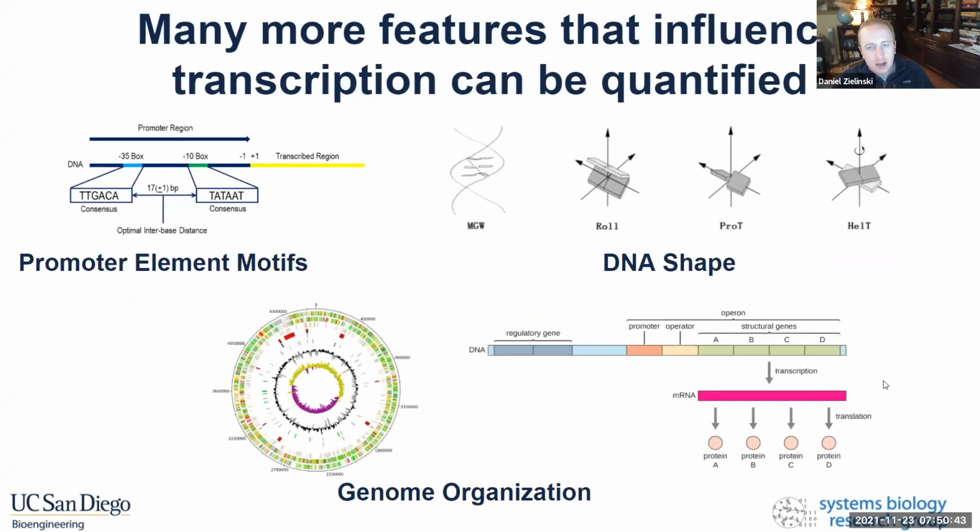So after this initial Bitome effort, we've continued to layer on other data types onto this Bitome data structure. I already mentioned the -10 and -35 boxes, and we include spacer as well.